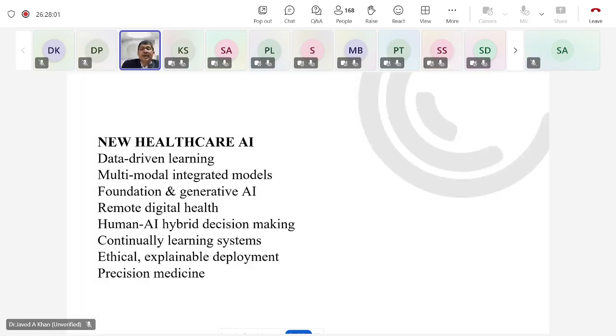Human-AI hybrid decision making, continual learning systems we can adopt, ethical large-scale deployment, and precision medicine can be deployable in the new healthcare AI. These are the major shifts from machine learning to AI in the healthcare system. Next one, please.